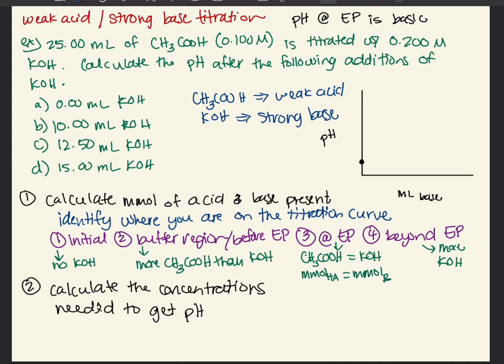And then as I start adding base, the pH is going to go up, but it's not going to go up linearly. It's going to go up very gradually until all of a sudden it will shoot up and then it will even out. Now, where it is going up gradually, this region right here, this is the buffer region.